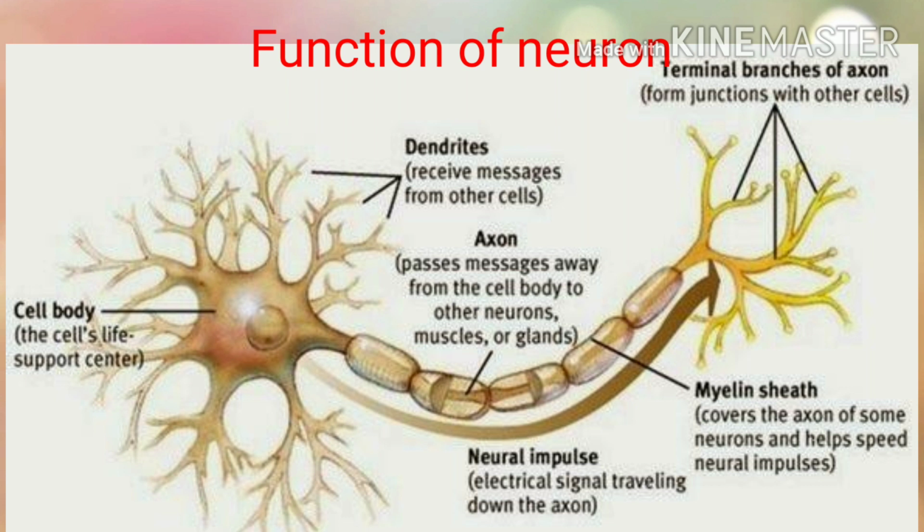All of you should try to find the functions of each part of the neuron. The outer covering of the axon is the myelin sheath, which helps to increase the speed of nerve impulses.